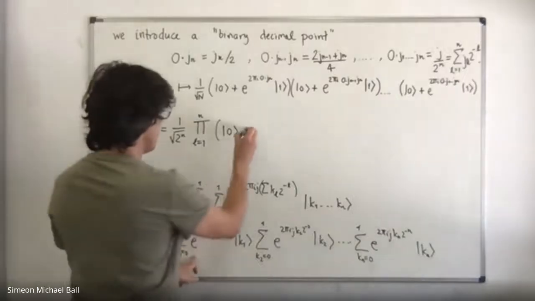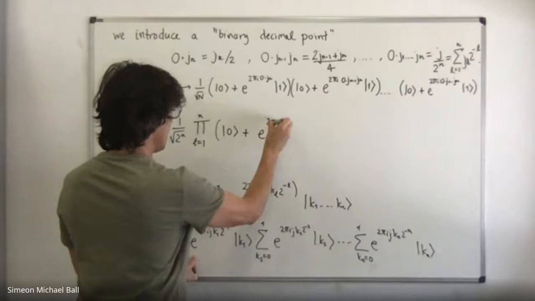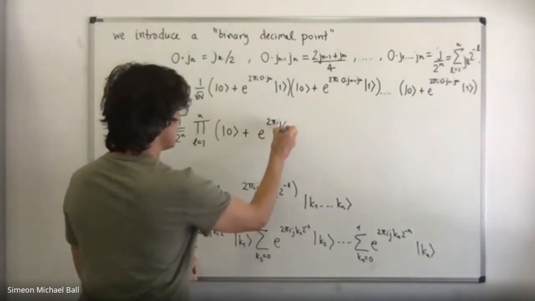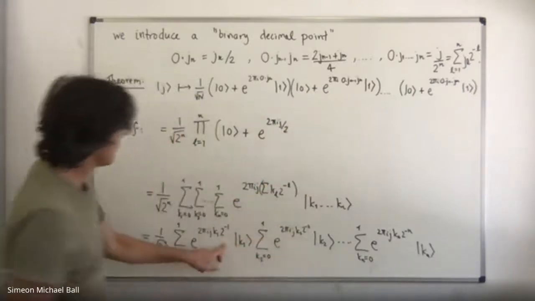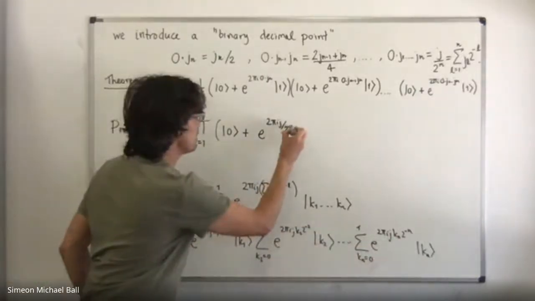And if not, then I get an e to the 2 pi i j divided by 2 to the L, this is L is 1, L is 2, up to L is n, so divided by 2 together.